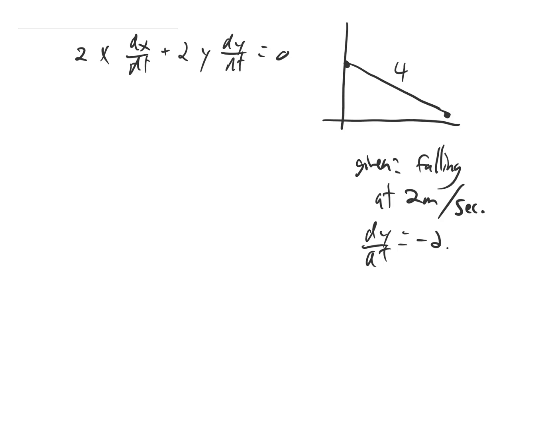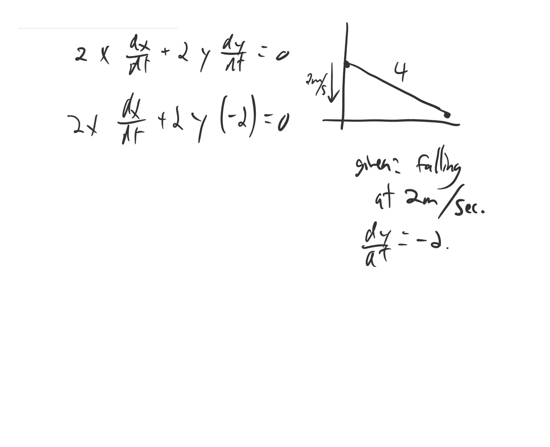It's going down at 2 meters per second, so the height is changing at -2. So we've got 2x dx/dt plus 2y times -2 equals 0.